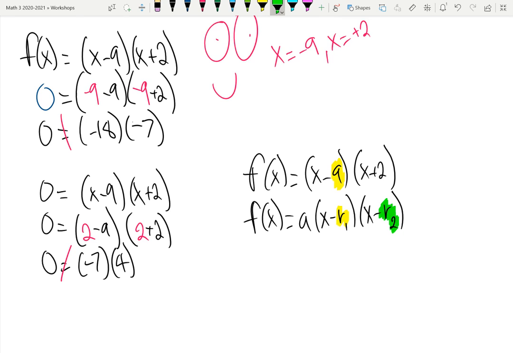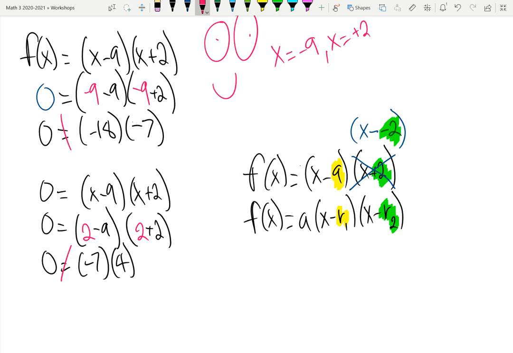Here for root 2, notice how it is not in the form x minus a number. So if I rewrite this part to be x minus negative 2, it then lets me see my other solution is not positive 2, it is negative 2. I use an equivalent expression in order to help see this.